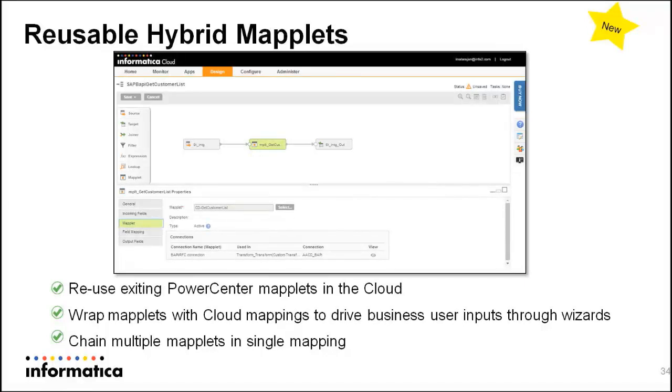So again, speaking to our hybrid capabilities between on-premise and the cloud platform, we've made it extremely simple to make use of your existing investments in terms of your maplets, extend them into your cloud integration scenarios, and these can be ported back and forth between PowerCenter and the cloud platform.